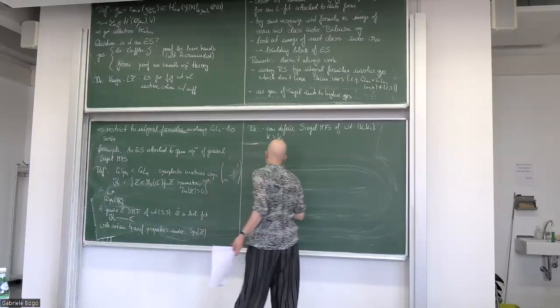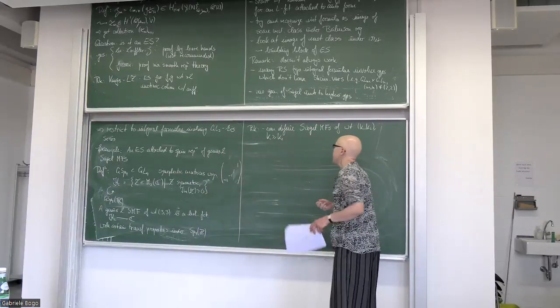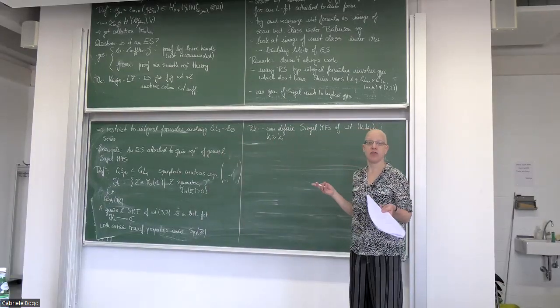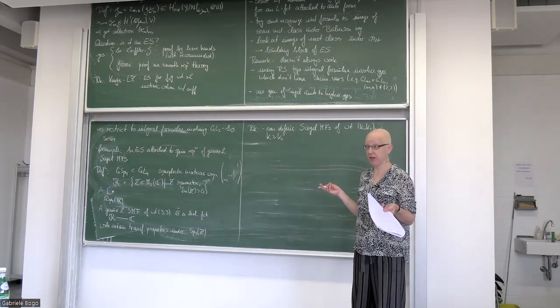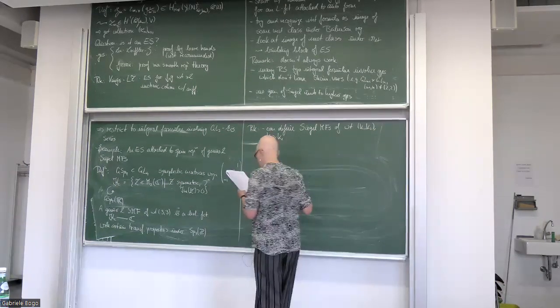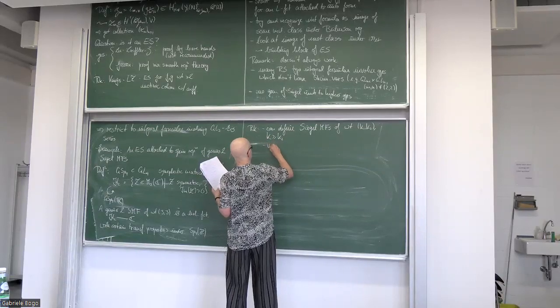It turns out that when k1 is strictly bigger than k2, these Siegel modular forms are vector valued rather than scalar valued.